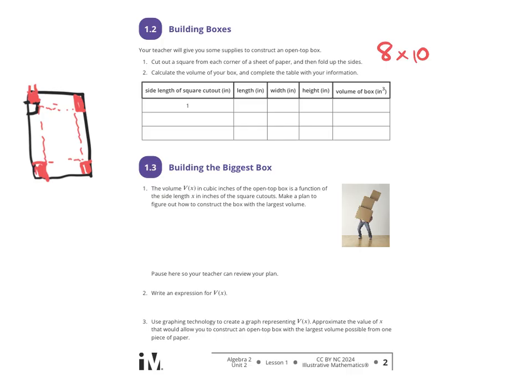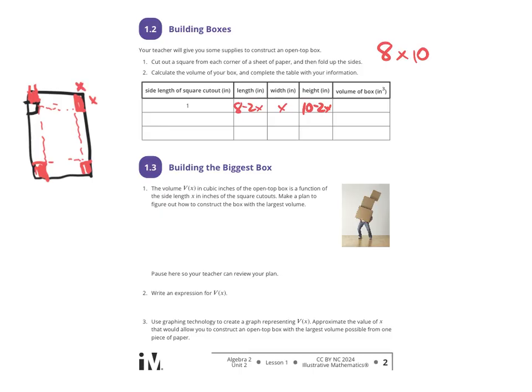So our length was 8 minus 2x. Our width was x. And our height, well, our width should have been 10 by 2, but 10 minus 2x. And the reason why is 2x, the amount we cut off was x.